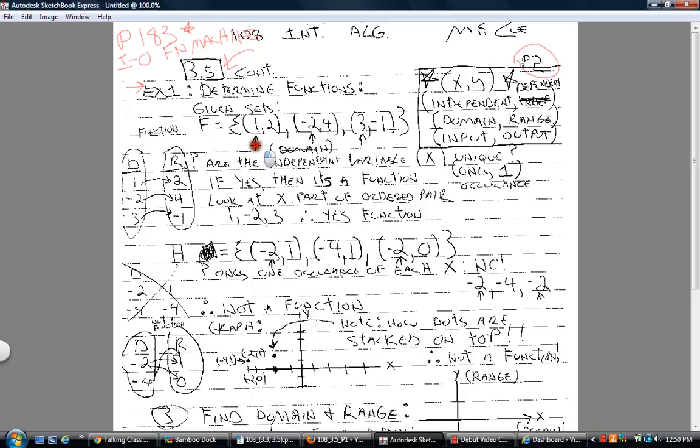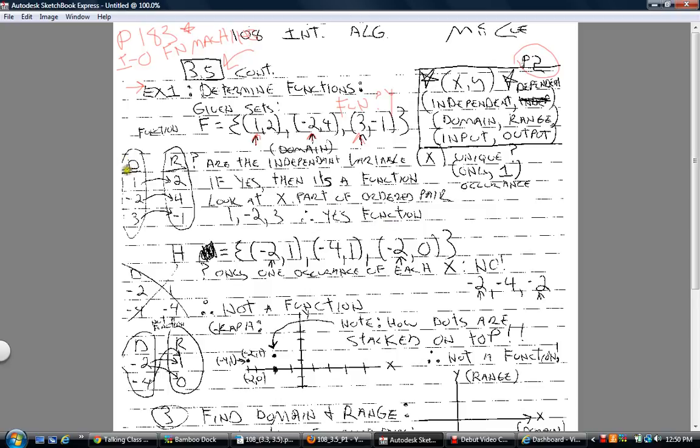Here's the secret, just look at the X coordinates, are they all unique? When you say yes to that, it is a function. The answer would be yes. You could list them here: -1, -2, -3, and therefore it's a function.